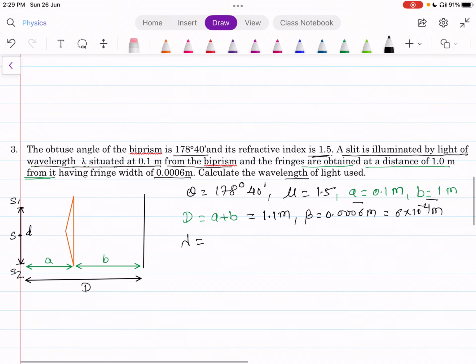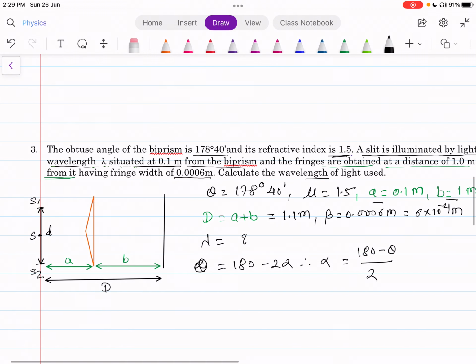So we know that theta is equal to 180 degree minus 2 alpha, or alpha is equal to (180 degree minus theta) upon 2. Here, instead of writing 180 degree, I will write 179 degree 60 minutes.